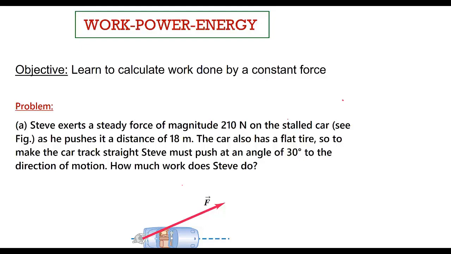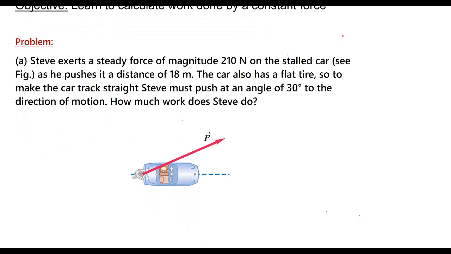So let us illustrate using an example. In this example, we have a car, and this car is pushed by a person whose name is Steve. Steve is exerting a force on this car, and the car is moving in this direction, that is, in a straight line.